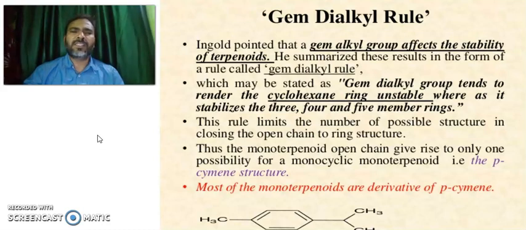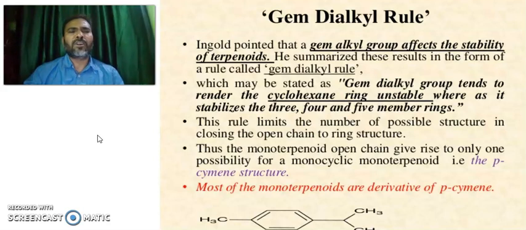You know the word gem, geminal or vicinal. He summarized these results in the form of a rule called gem dialkyl, which may be stated as: gem dialkyl groups tend to render the cyclohexane ring unstable, whereas they stabilize the 3, 4 and 5 member rings.